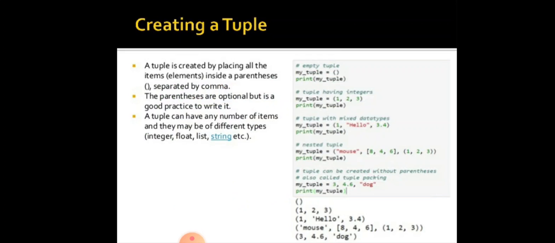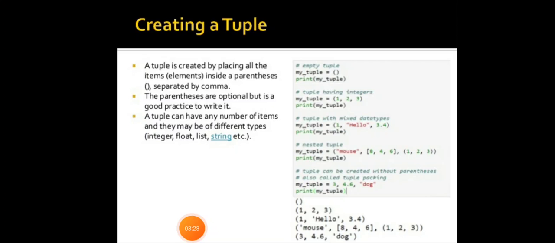अब टपल हैविंग इंटीजर, सपोज वी वांट टू क्रिएट अ टपल कंटेनिंग ओनली इंटीजर टाइप ऑफ एलिमेंट्स. टपल का नाम लिया हमने माई अंडरस्कोर टपल इक्वल्स टू पैरेंथेसिस 1, 2, 3 पैरेंथेसिस क्लोज. जब हमने इसे प्रिंट कराया टपल आ गया विच कंटेन ओनली इंटीजर वैल्यूज.